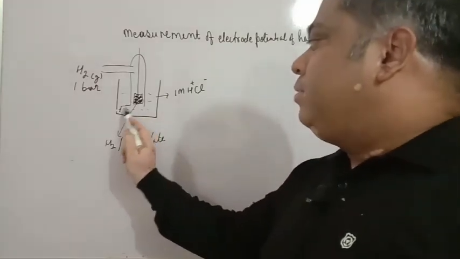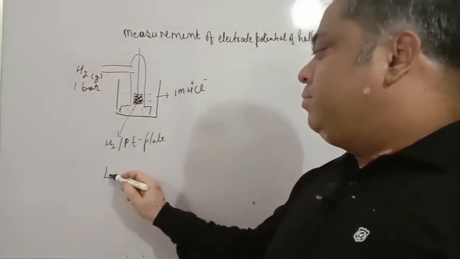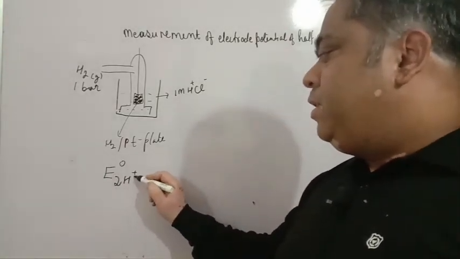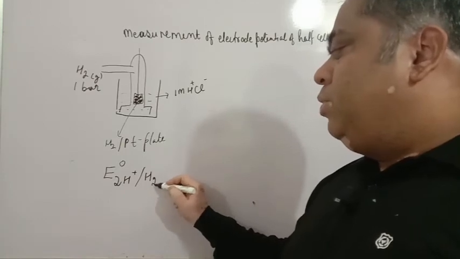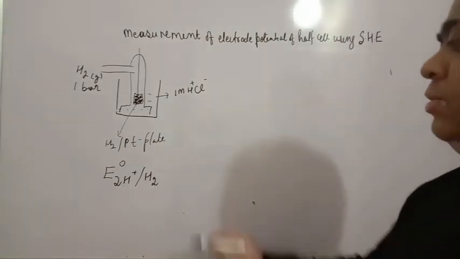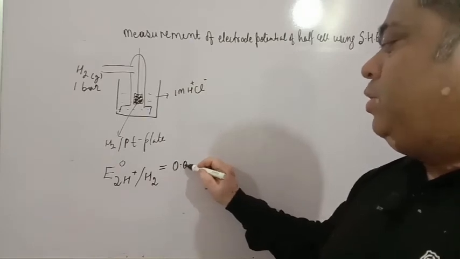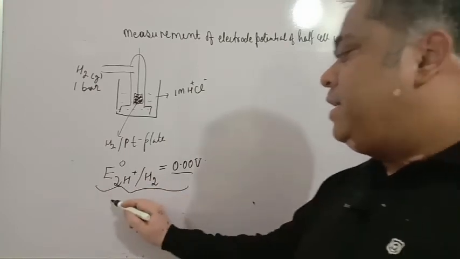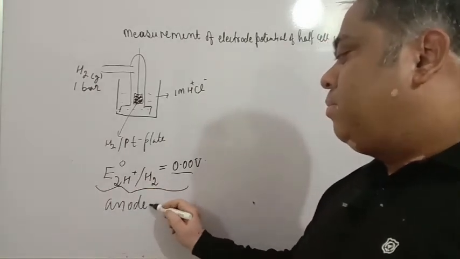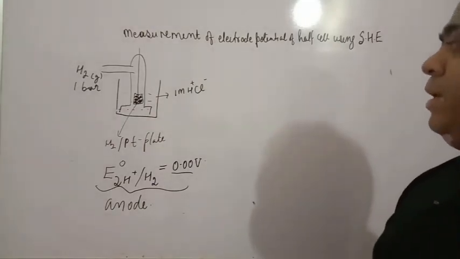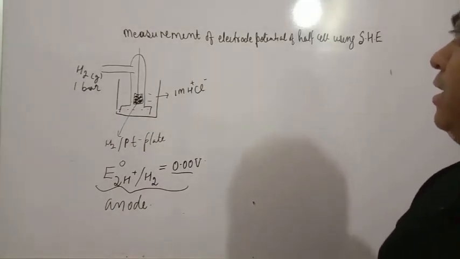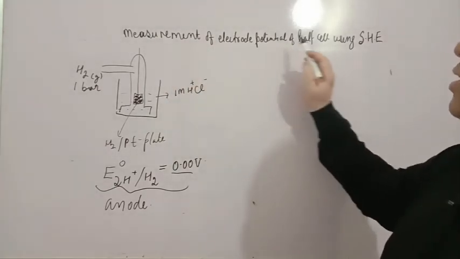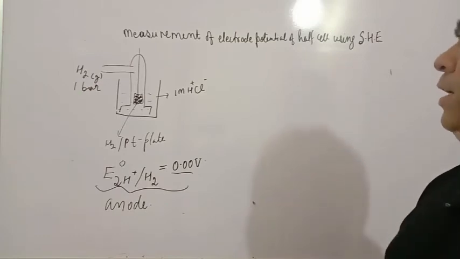So it is considered that the electrode potential of hydrogen, for the cell in which H plus tries to become H2, is 0.00 volt, and it is always treated as an anode. So when we couple it with any test half cell, if we have to measure the electrode potential of any half cell, that half cell would be a test half cell.